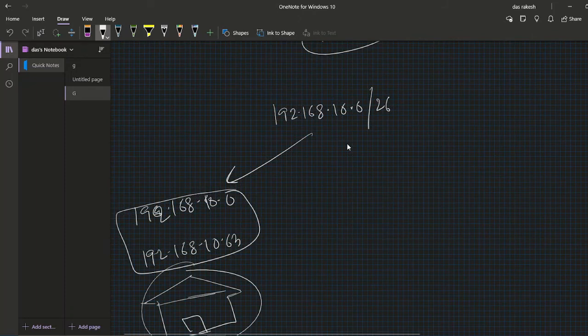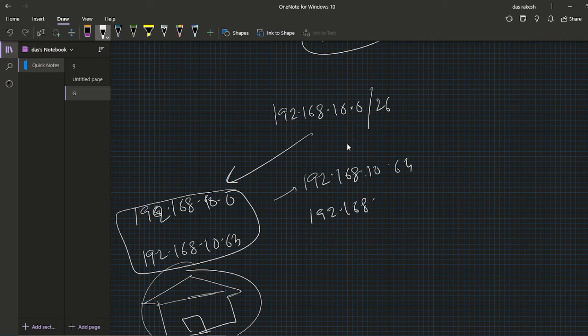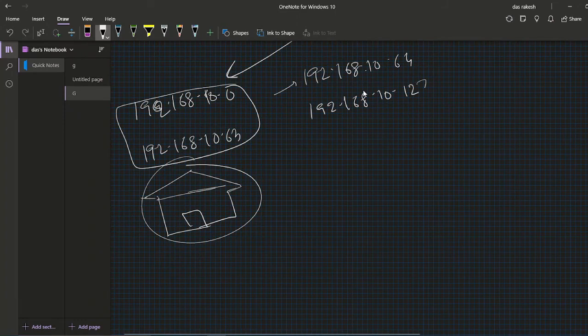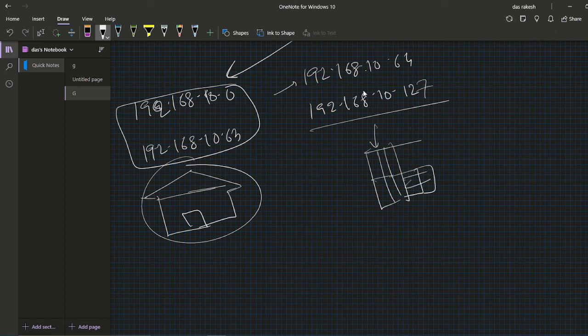So the next is 192.168.10.64 to 127, and these are the network IDs. Say this is for another building in a city, either a bank or any commercial sector.